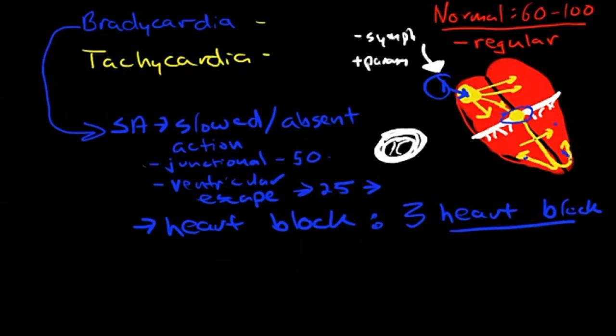So if we have a blockage in the left bundle branch, a left bundle branch block, this will block the conduction of the heart. If we have a complete blockage of the left bundle, we're not going to have any passage of conduction through the bundle branches to the left side of the heart.